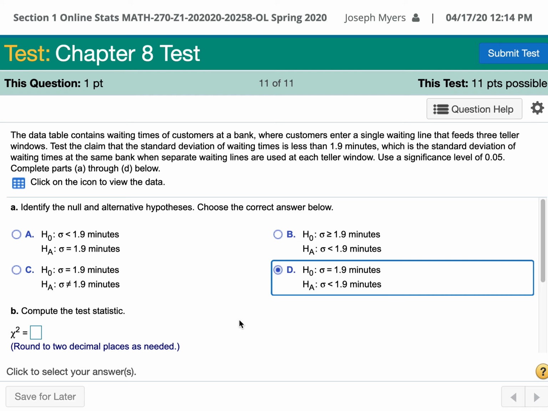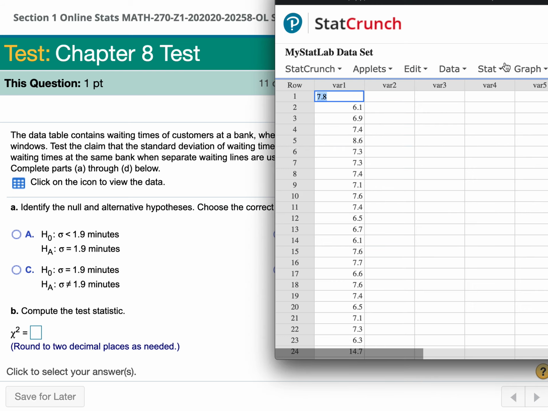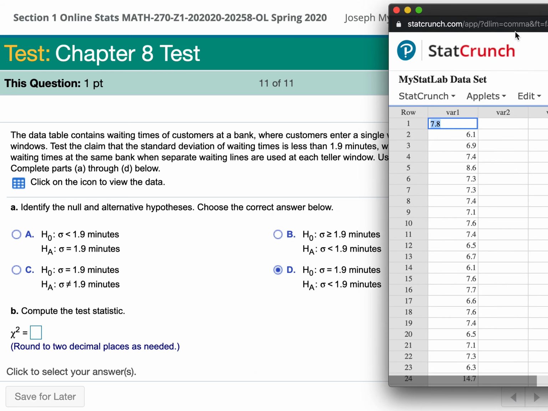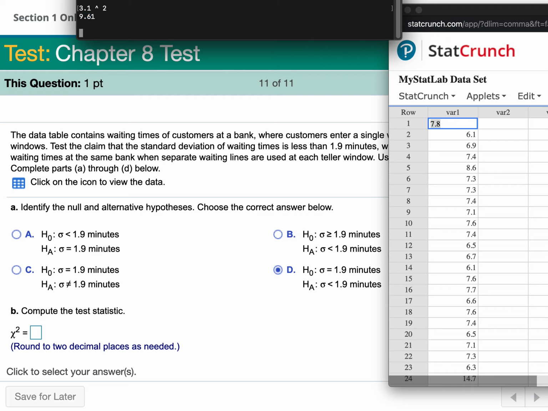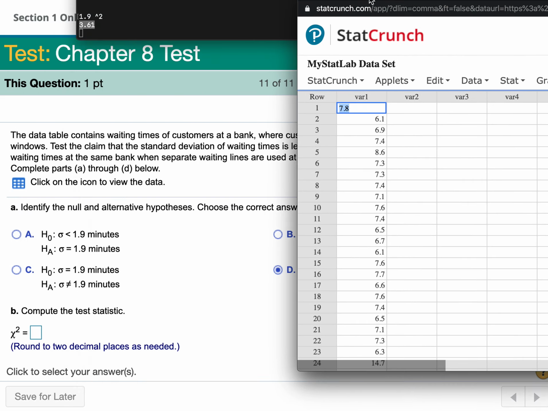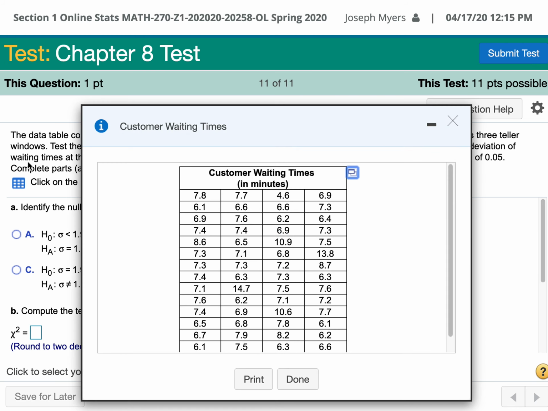All right, now then you do the test statistic using StatCrunch. Oh, and by the way, we'll have to square those numbers 1.9 to get the variance. So if I take standard deviation equals 1.9 and then I square it, I will get a variance of 3.61. So I'm going to do this.